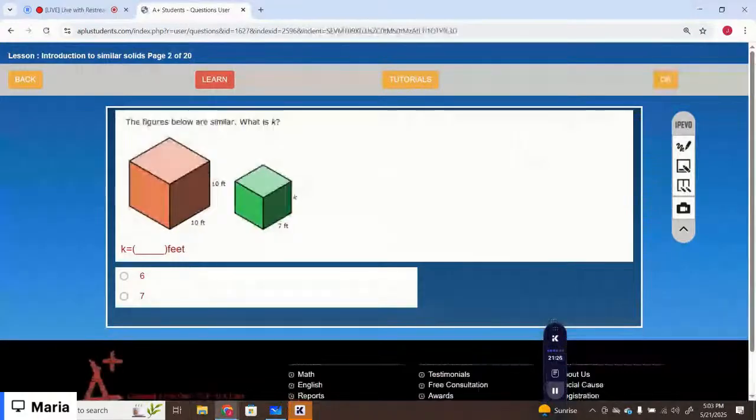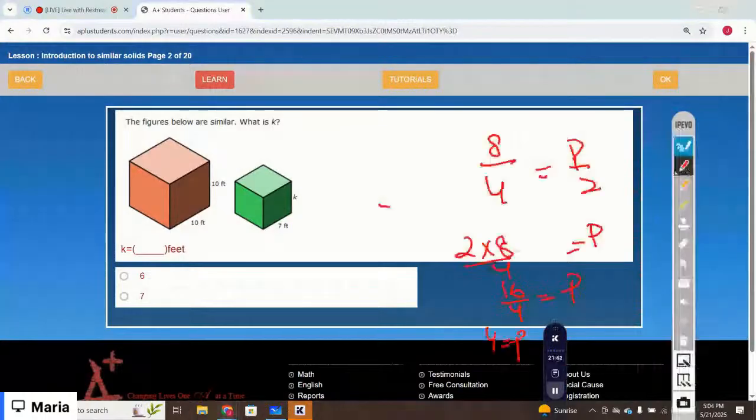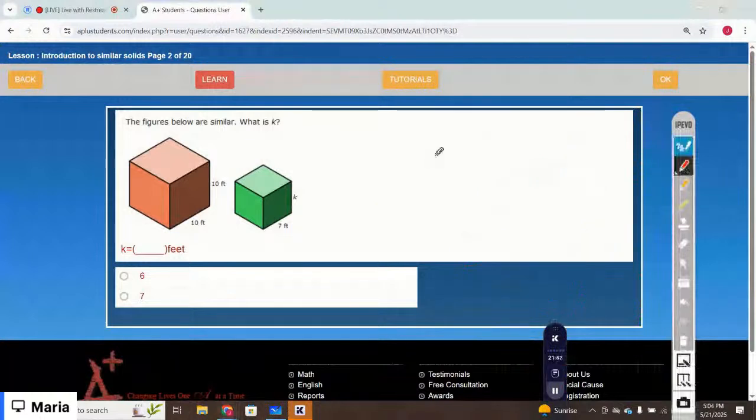The figures are similar. What is K? So just set up a proportion between their similar sides. That is 7 divided by 10 equals K divided by 10.